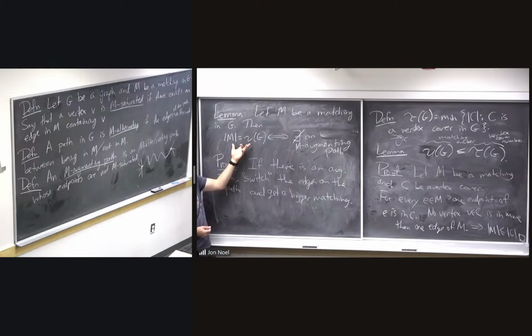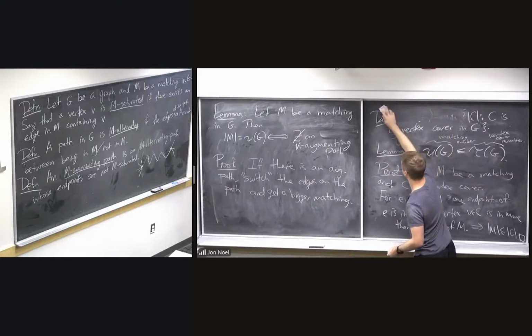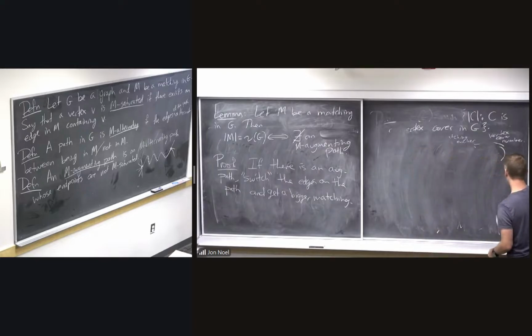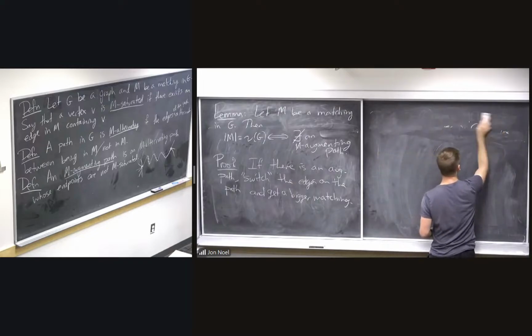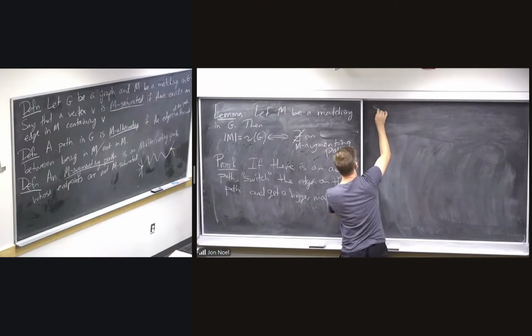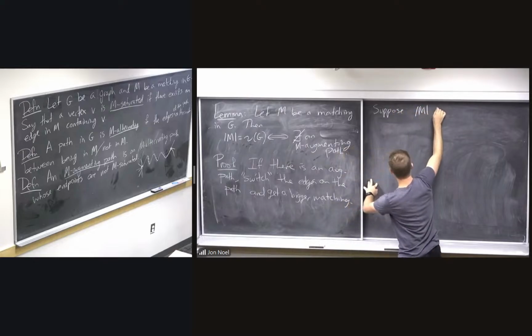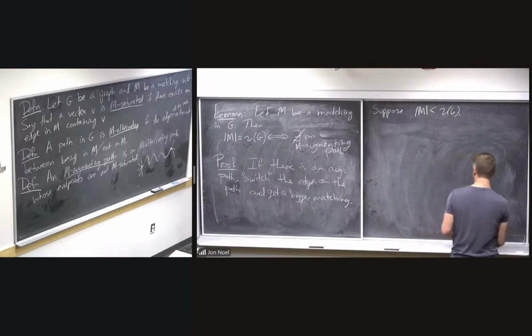What I'm going to prove now is that if M is smaller than nu of G, then there is an augmenting path. So now suppose the size of M is less than nu of G. Our goal is to find an augmenting path.